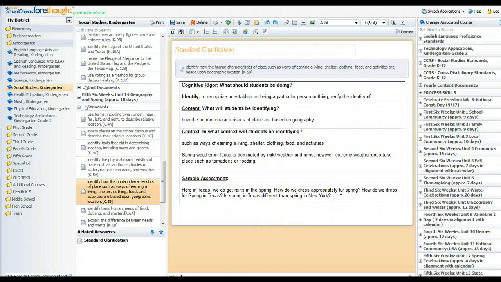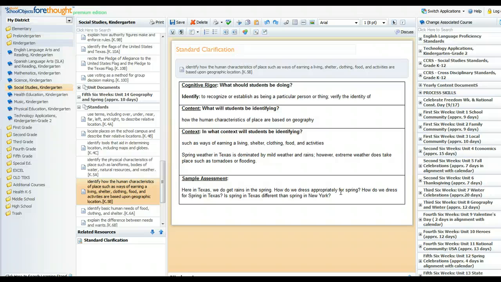On this one, we talk about how spring weather in Texas is once again dominated by mild weather and rains, but we do have tornadoes. So let's talk about that. Because this TEK talks about human characteristics, we want to talk about how we prepare for the weather here in Texas. How do we dress appropriately for spring? And what I wrote here was, it'd be great to talk about the difference between certain parts of the country. For example, in spring, because we're in Texas, we might dress in shorts, we might dress in short sleeve shirts.